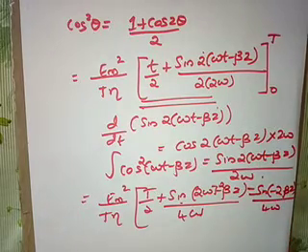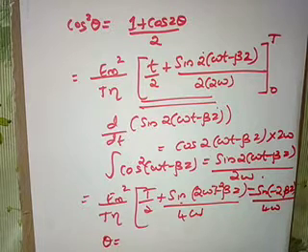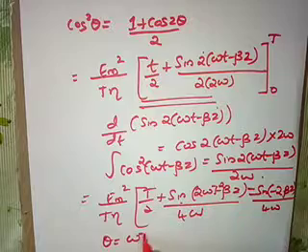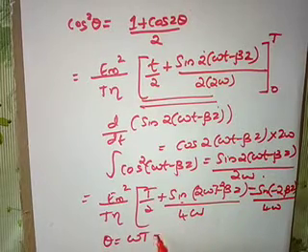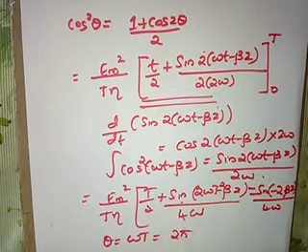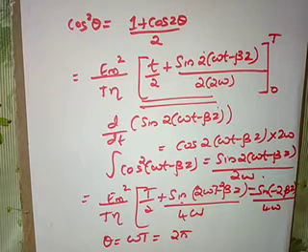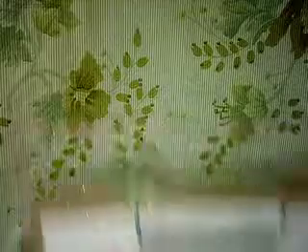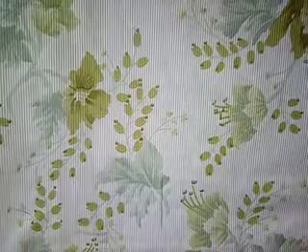We know that theta is equal to omega T, that is equal to 2 pi, that is one full cycle. Theta is equal to omega T, that is equal to 2 pi. So if you substitute this, then what will we get next?